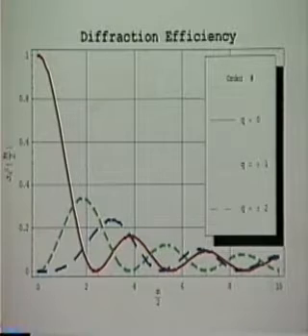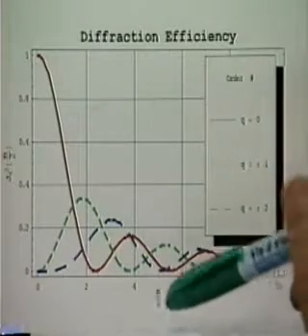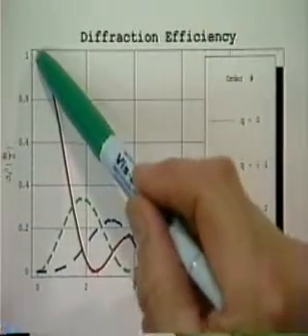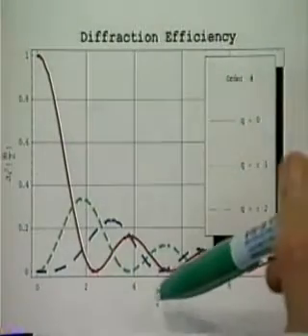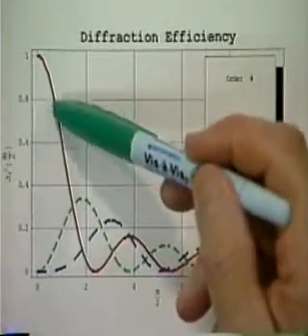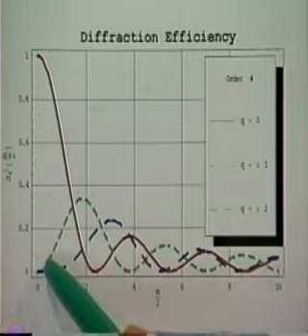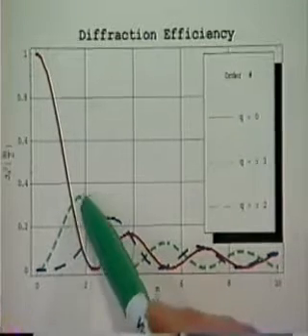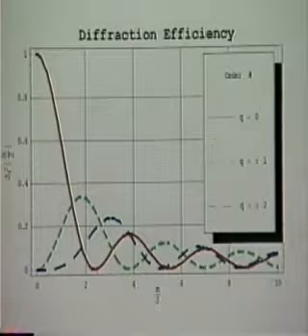So first off, what we can see is that when m over 2 is 0, of course everything is transmitted through. Everything goes in the 0 order. As m over 2 increases, the 0 order will decrease, and the plus or minus first order will increase.